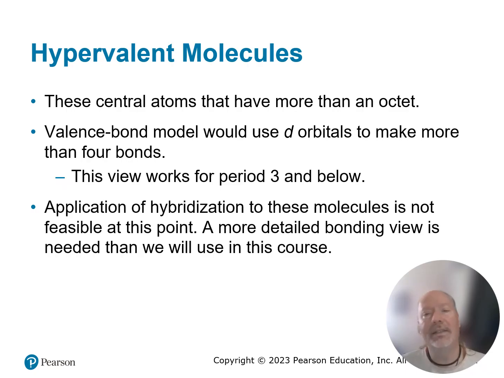So hypervalent molecules, we'll get into that a little bit, but not too much until you get to inorganic chemistry in your junior or senior year, if you decide to take that. The valence bond model would use d orbitals to make more than 4 bonds, because d orbitals are 5 orbitals. They can hold up to 10 electrons.